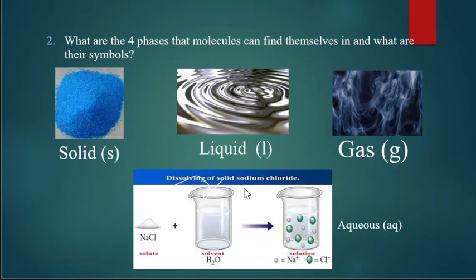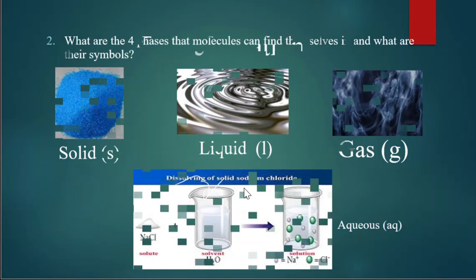It actually just comes apart. It dissolves into particles so small that you can't see. So when something dissolves in water, whether it's a solid, a liquid, or a gas, we say that the water is now an aqueous solution. It is aqueous. Okay?